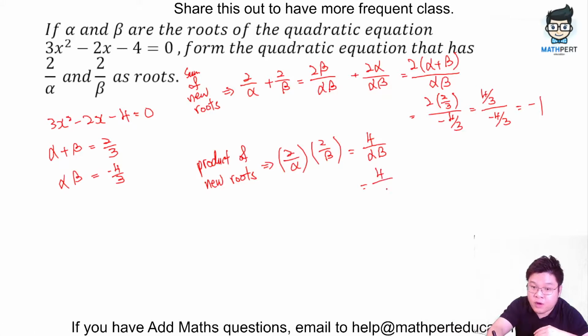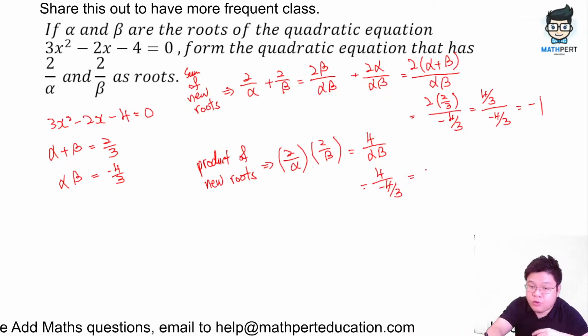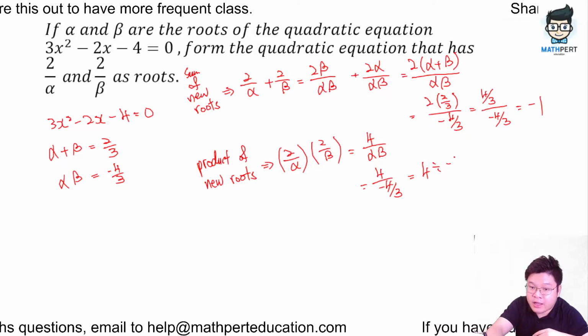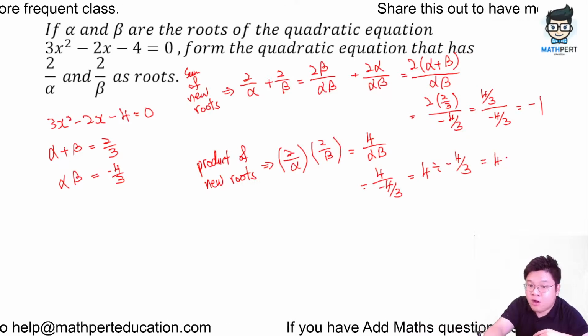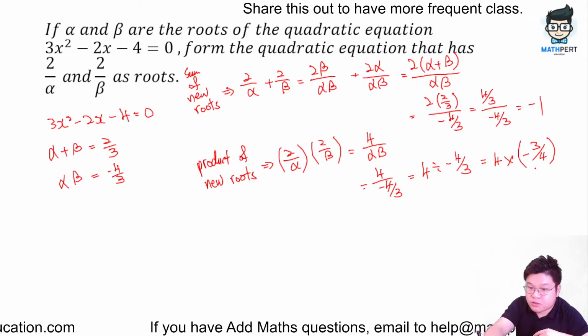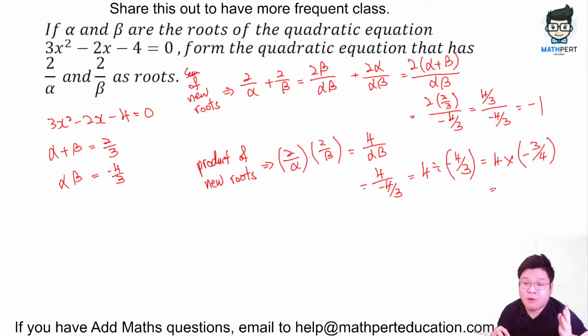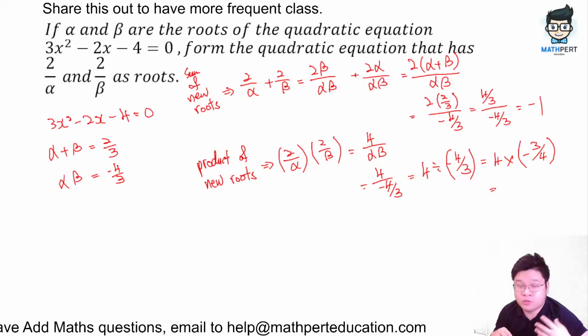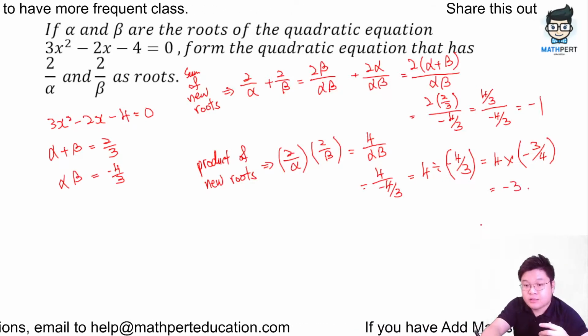So 4 over negative 4 over 3, you can rewrite into 4 divided by negative 4 over 3, which is 4 multiplied by negative 3 over 4. You can do it manually like what I did just now, or you can just use your calculator. So it will be negative 3.